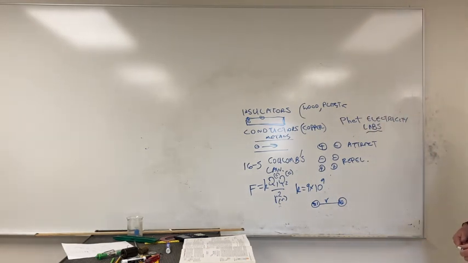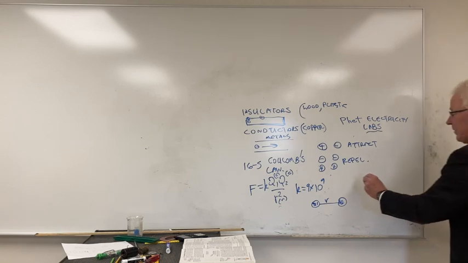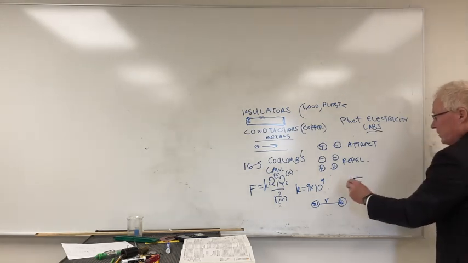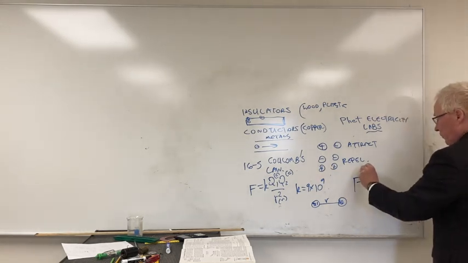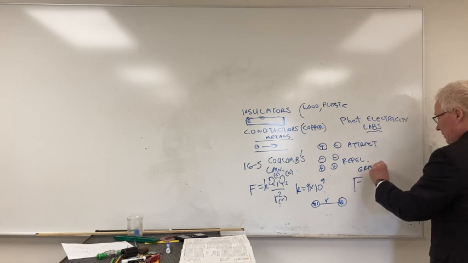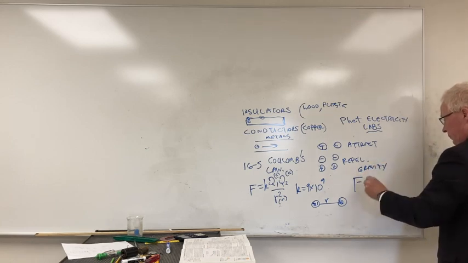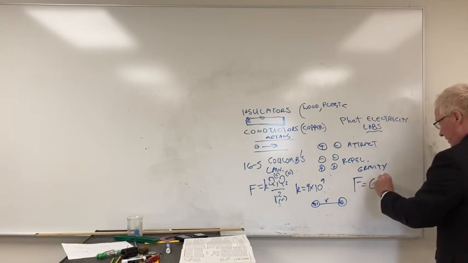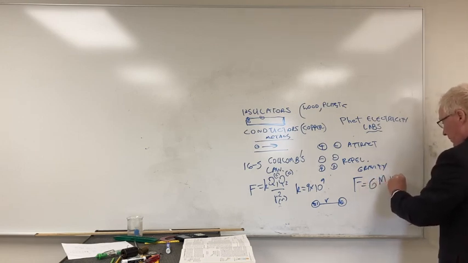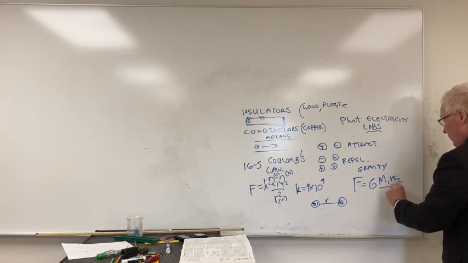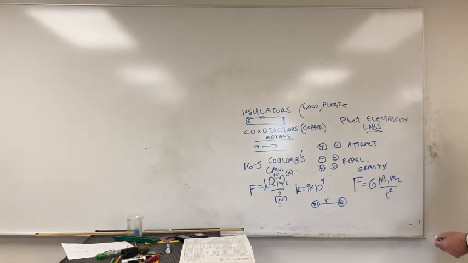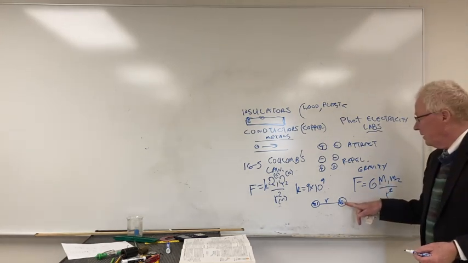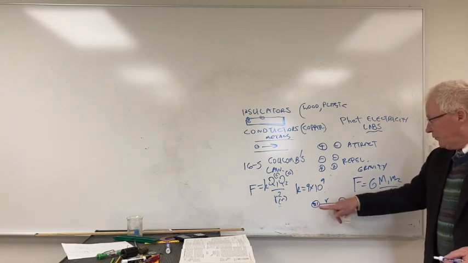Now this is very similar to the law of gravitation, which we did back in one of the earlier chapters: G M1 M2 over R squared. It's exactly the same form, but instead of charges, we have two masses.